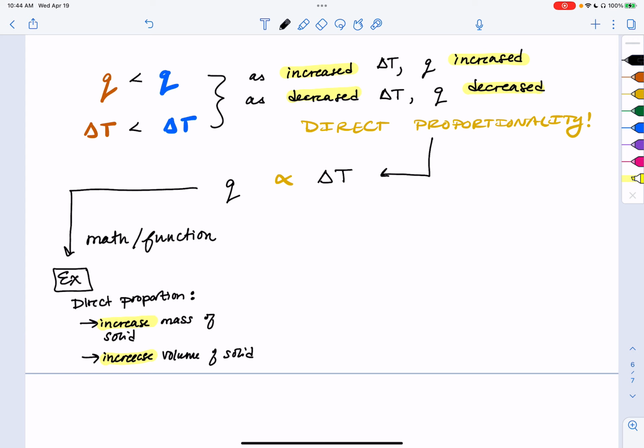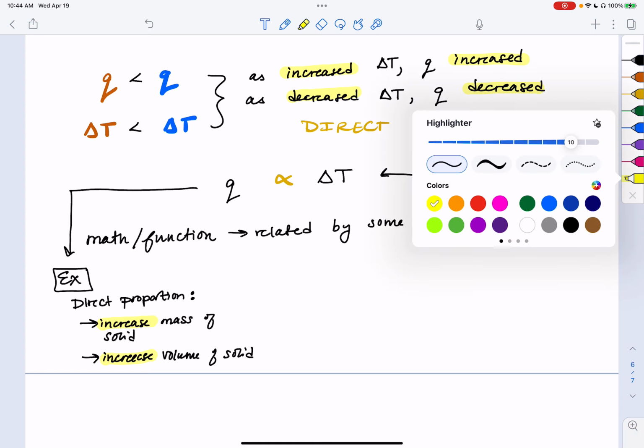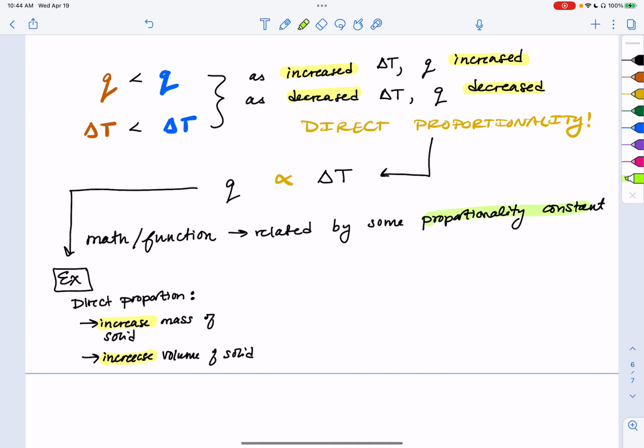What did we do that said they were related by some proportionality constant? So the math function that we're looking at here means we're related by some proportionality constant. So what would that proportionality constant be in this example of mass and volume?